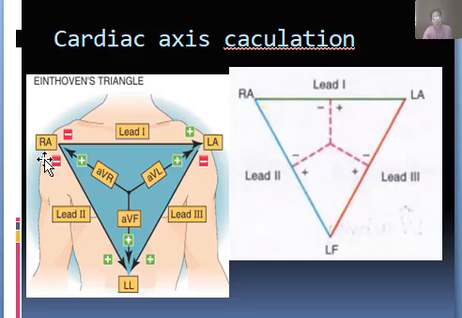There are 3 limb leads, and therefore the deflection in each lead at any moment indicates the magnitude and direction of the axis of the heart.